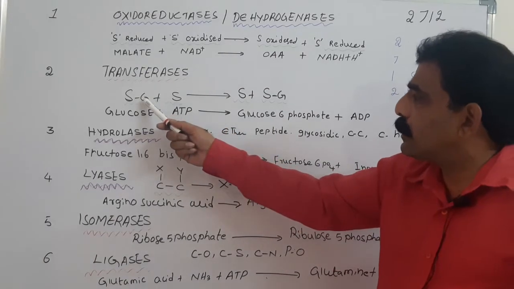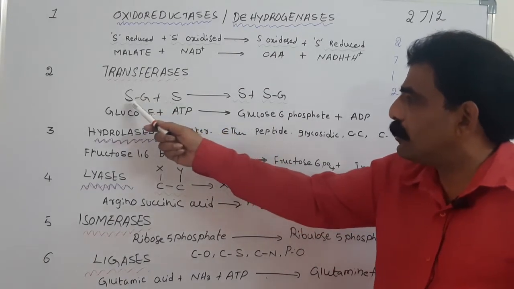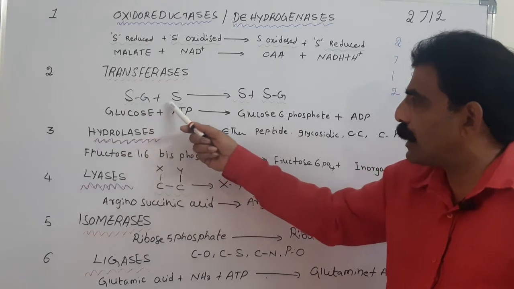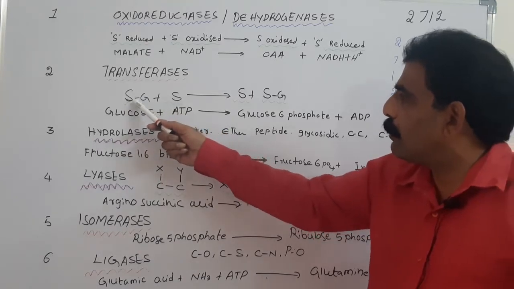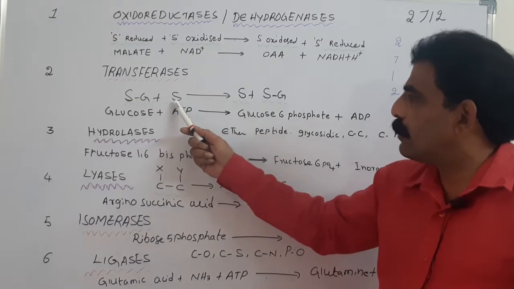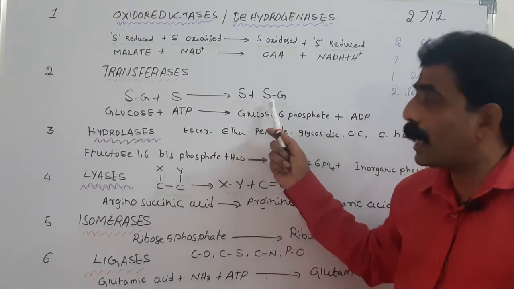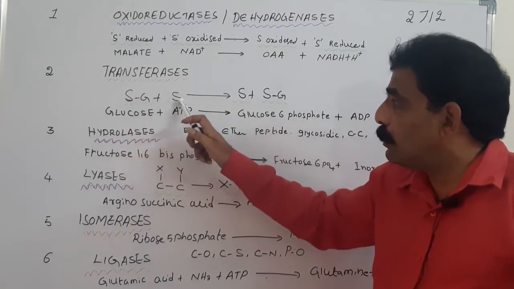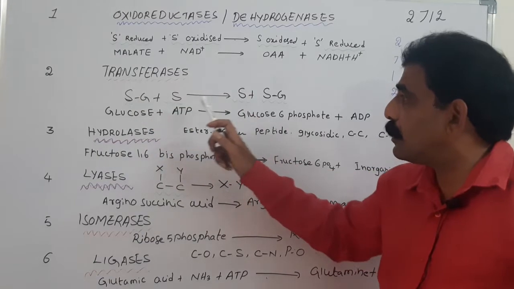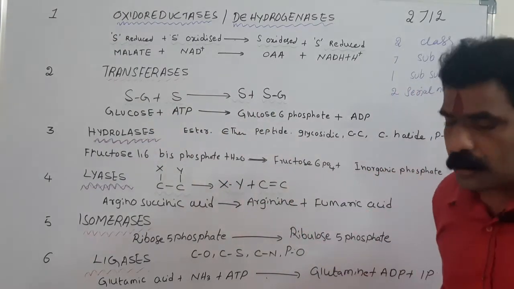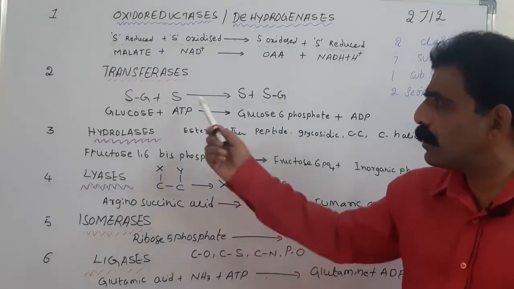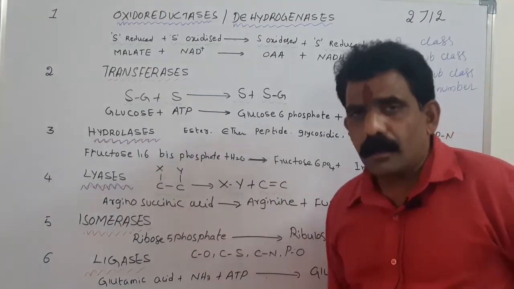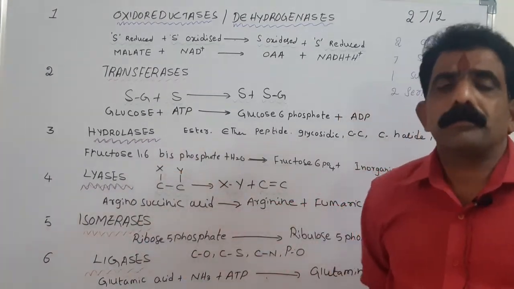Now this group is transferred from the first one to the second one, so that it becomes a normal substrate and the second one becomes a substrate with group. Actually, the group is transferred from A to B, hence A becomes a normal substrate and B becomes a substrate with group. We can understand that mechanism through a reaction of glycolysis.